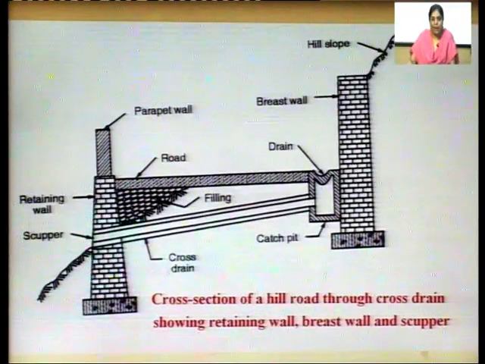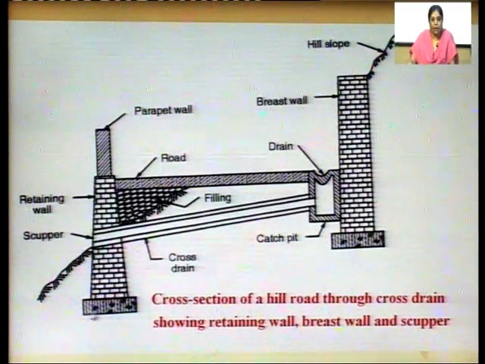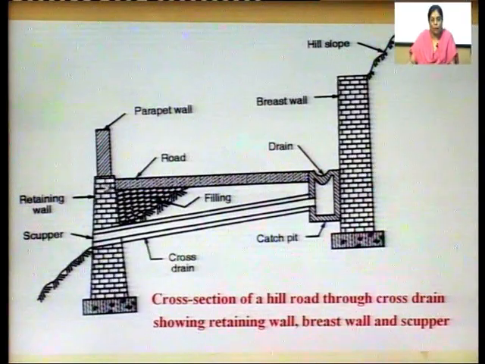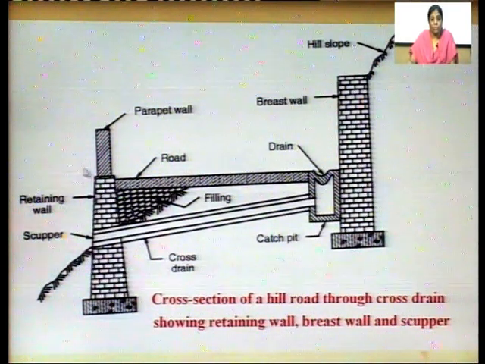Like in this diagram, you can see that this is the breast wall, this is your retaining wall and this is the parapet wall. So, the parapet wall is constructed all along the valley side. This is the valley side of the road.